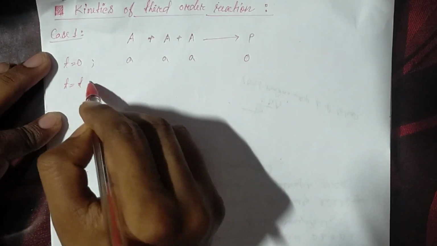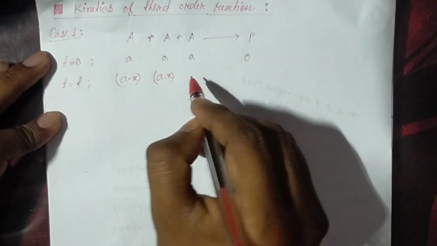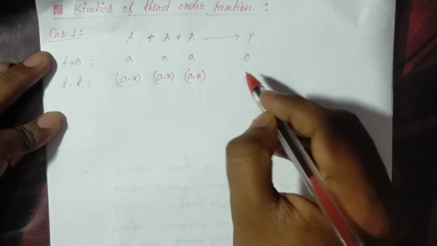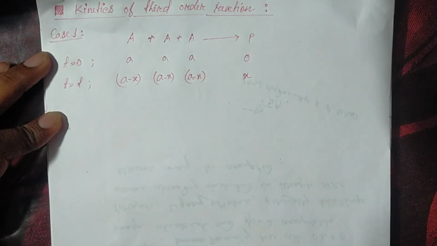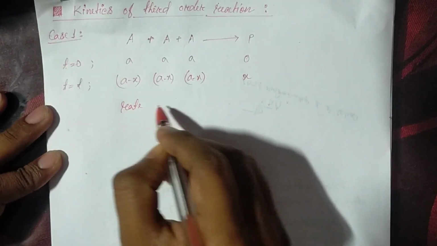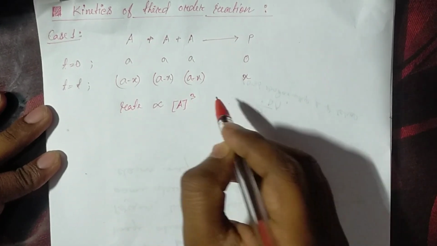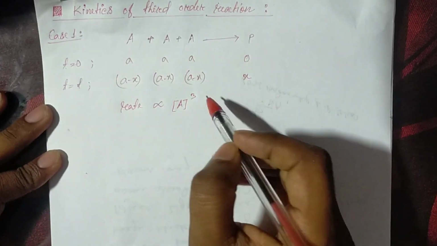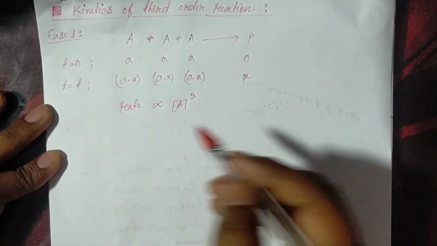When time is t, it will be a minus x for the reactant, and here it will be x. So the rate will be proportional to concentration, and here the power will be 3, as there are three reactants and this is a third order reaction.